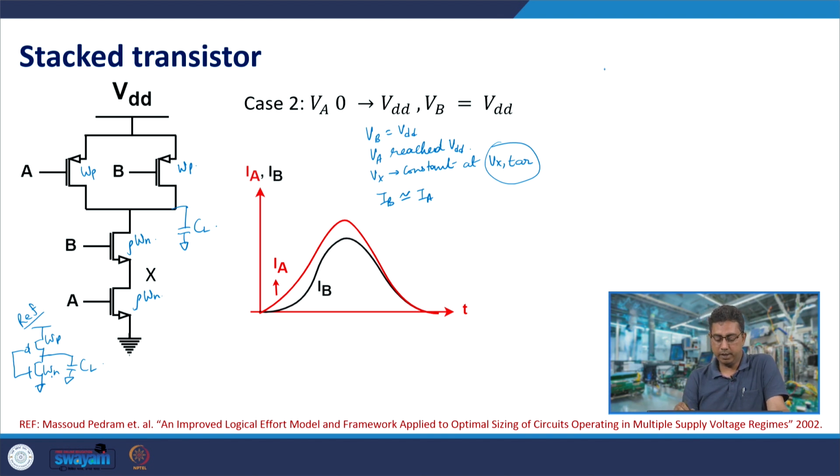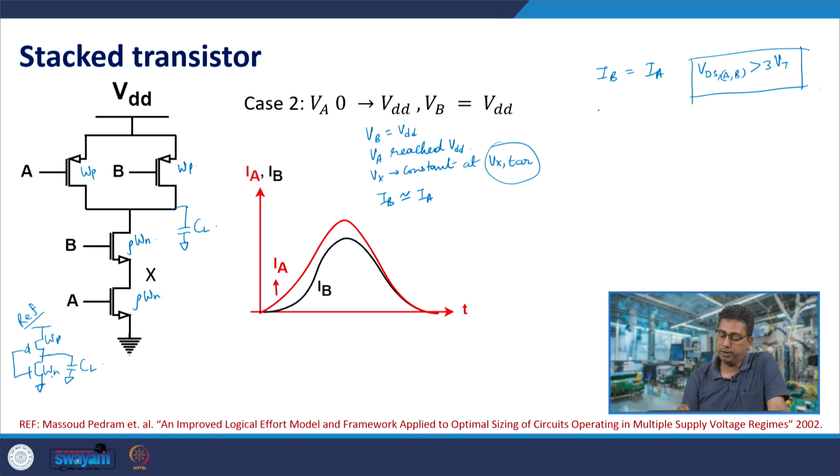In that case Ib is equal to Ia. In the current equation, we are also assuming that Vds of A and B for both transistors is larger than 3 times the thermal voltage, therefore you can neglect the effect of Vds.